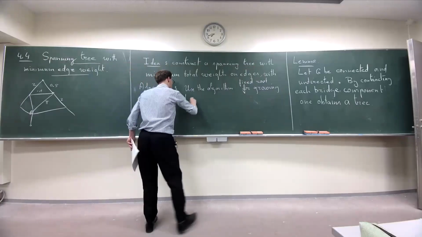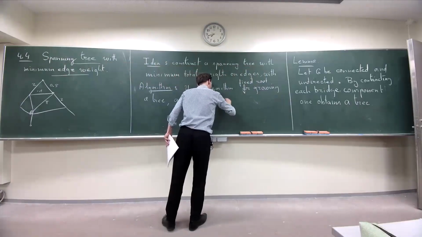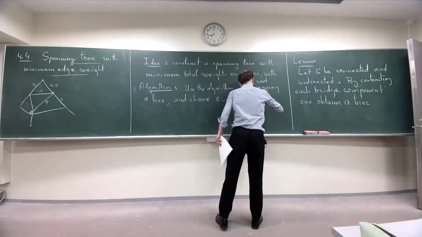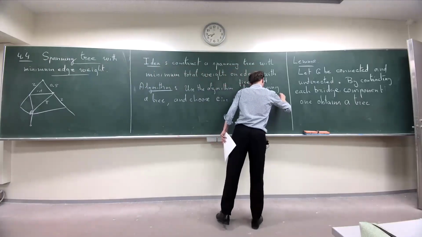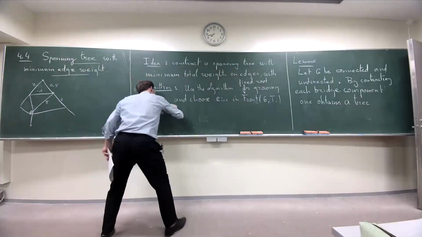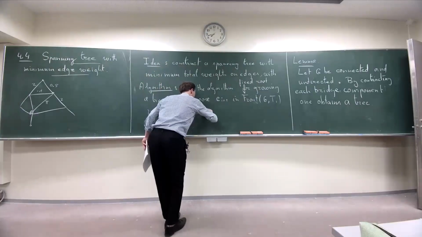and choose E_{i+1} in front of G_{T_i} with a minimum weight.